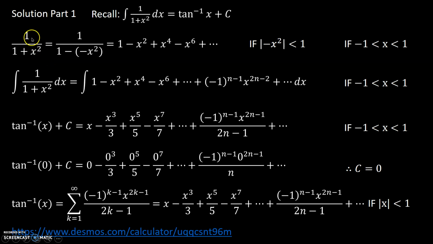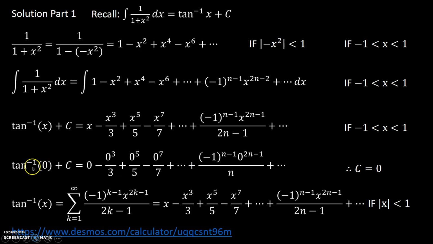So now take the antiderivative of the left side of the equality, take the antiderivative of the right side of the equality, and you end up that the antiderivative of 1 over 1 plus x squared is arctangent x plus c. The antiderivative of this series is sitting here, and we do need to find out c, so we plug in 0 across the board, and we end up getting that c is 0.